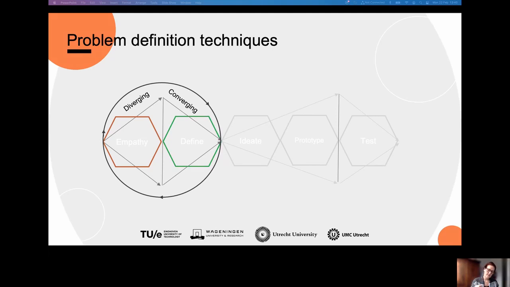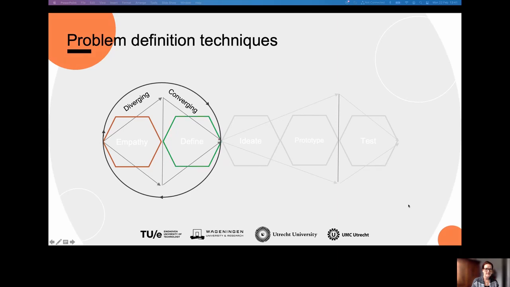So that is what design thinking is all about. It gives you the flexibility to really use all the information that you gather during your process. Also information that you might become aware of in a later stage of your challenge. So that's very important to remember.